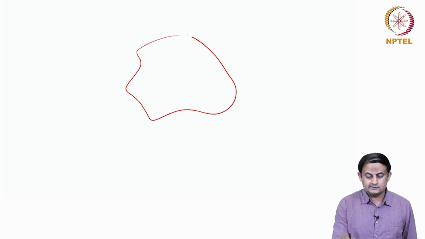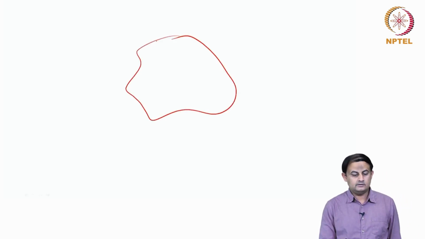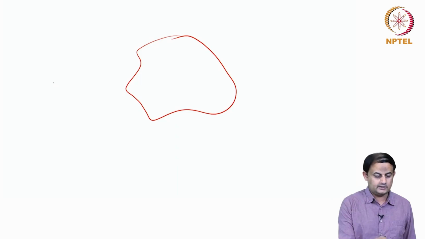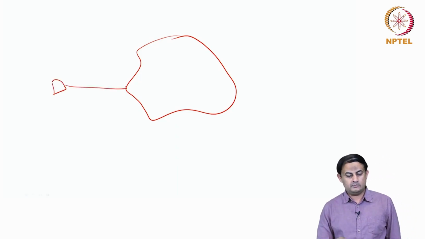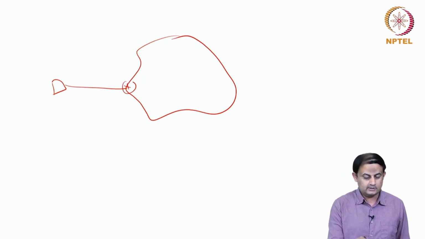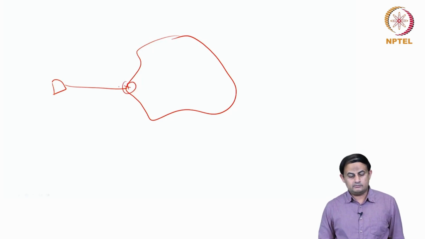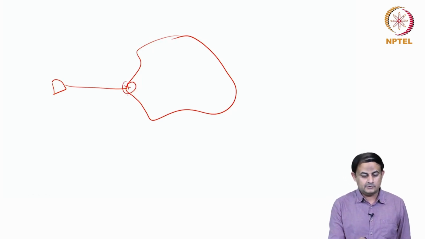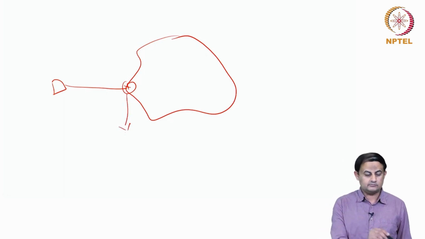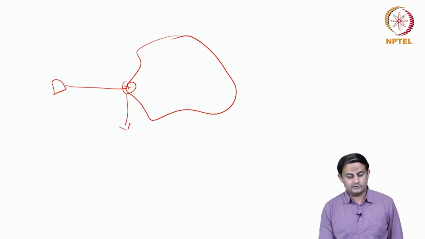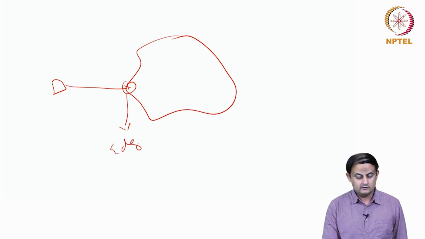So let's take an example. Let's say this is the network, and the end user is somewhere here. This is the computer which connects to this network via this link, and there is a router here. This router is not the router at the boundary of the network; it is where the end user's computer is connecting, called the edge router.